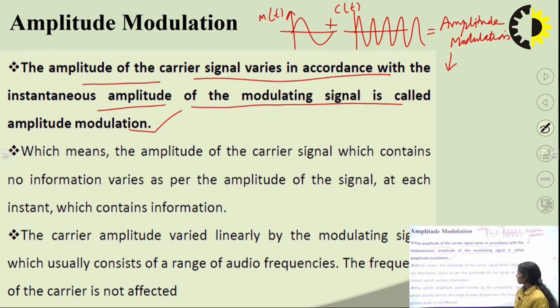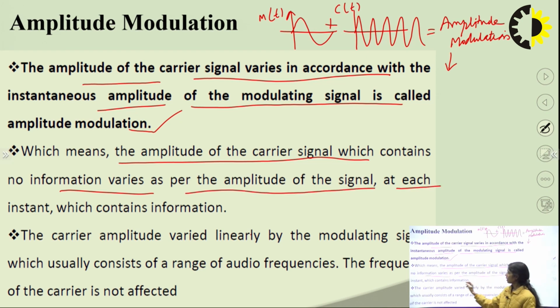The amplitude of the carrier signal by itself contains no information. As per the amplitude of the message signal, at each instant the carrier will have information content. So we change the amplitude of the carrier in accordance with the message signal, providing content to the carrier signal.